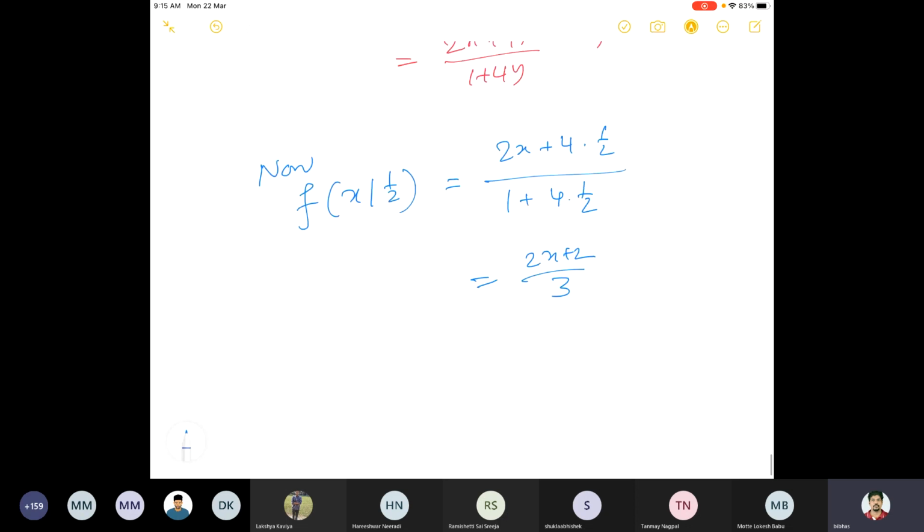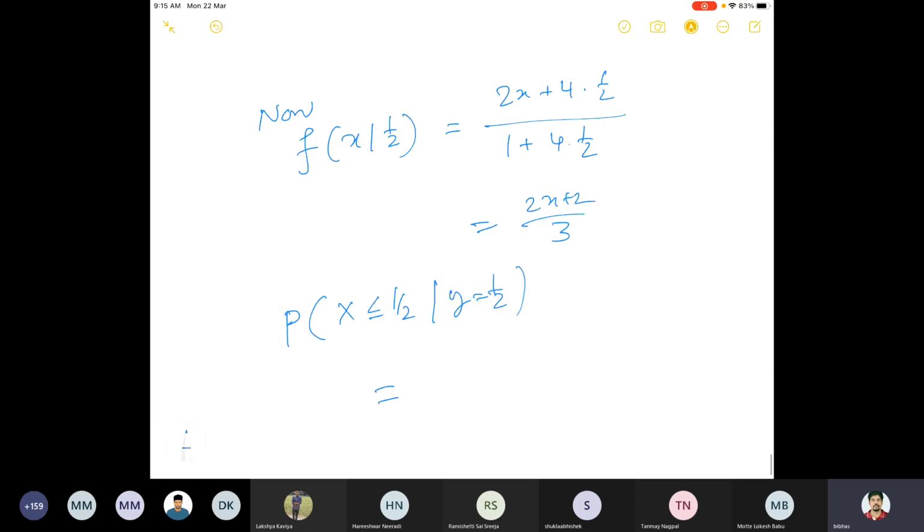Now suppose I want to find the probability of x less than or equal to half given y equal to half. Since this is continuous, it is the integral from 0 to 1 of (2x + 2)/3 dx. Once I know this, I am treating the entire thing as a random variable, and this is its probability distribution. Then we have dx, which will be something like 5/12. That's the answer.